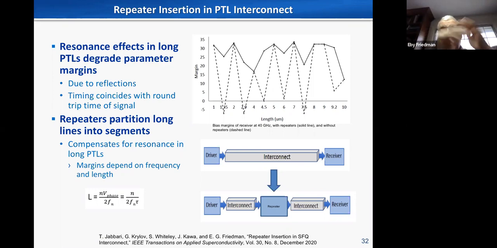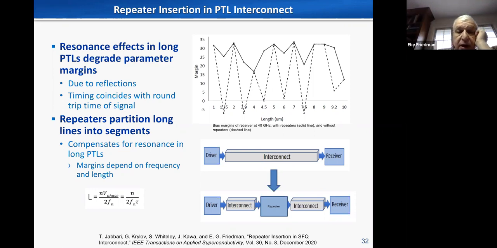And so therefore you want to partition the system with repeaters, which is the same idea in CMOS, where you insert repeaters to ensure you never have that critical resonance length to worry about. And we have equations here that characterize it, and this has been published and well described.